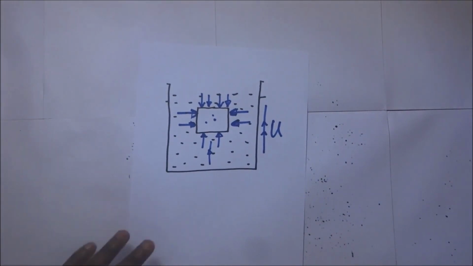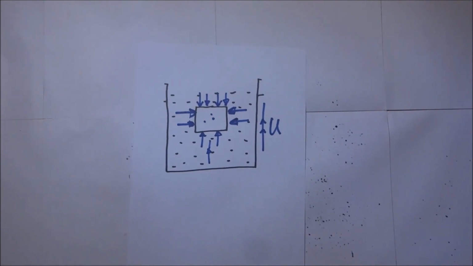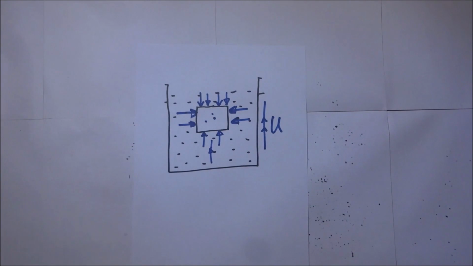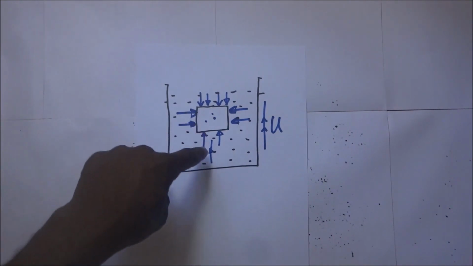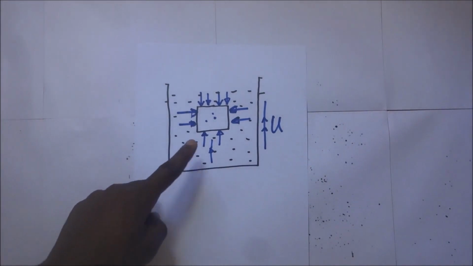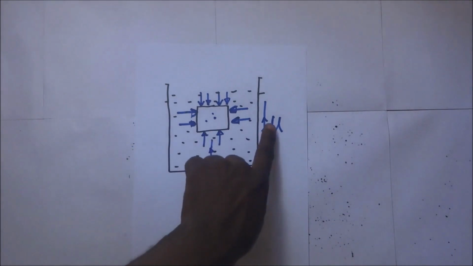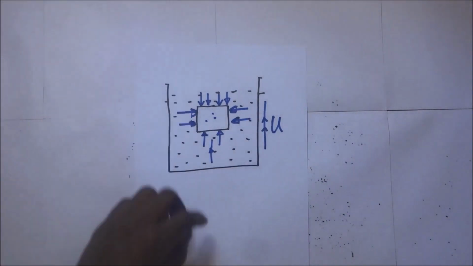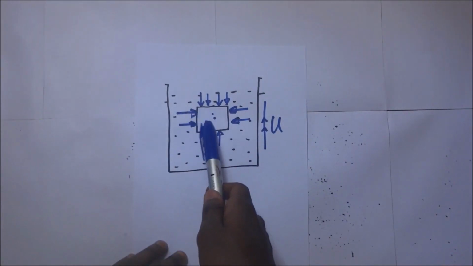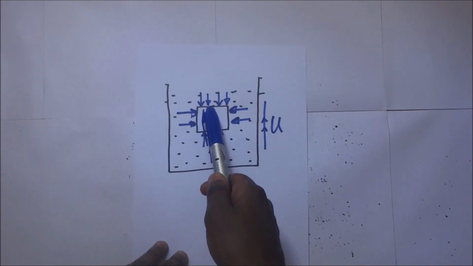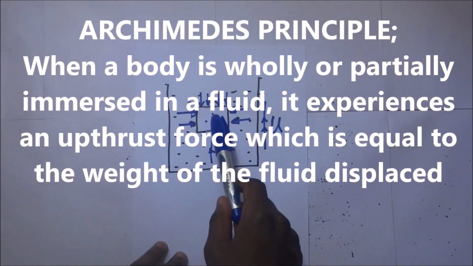Now that we have understood what upthrust actually means, let's go on and describe Archimedes' principle. Archimedes' principle simply states that when a body such as this one is partially or wholly immersed in a fluid such as this, it is going to experience an upthrust force, and this upthrust force is equal to the weight of the fluid that has been displaced by that solid.